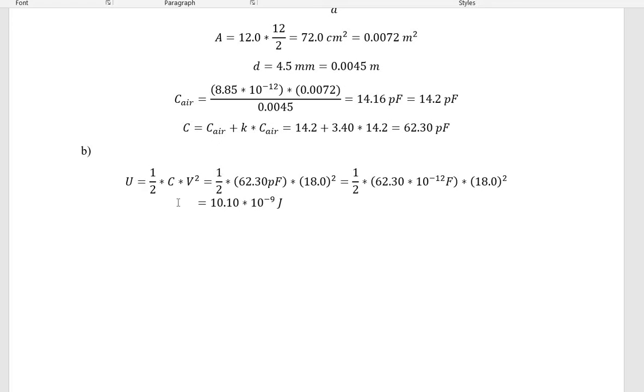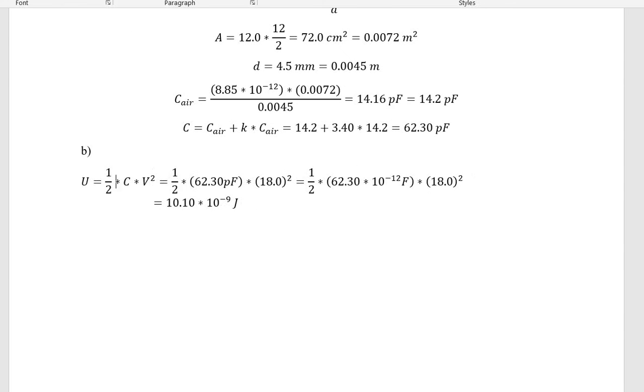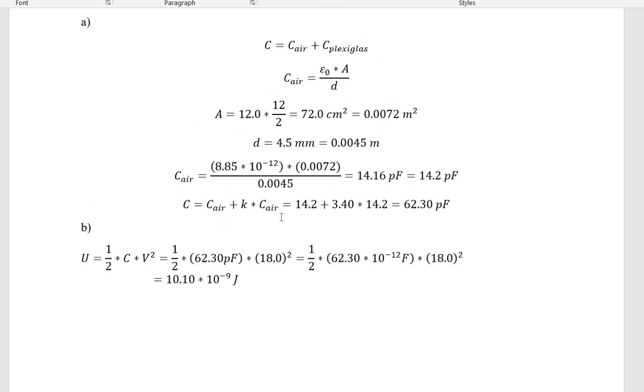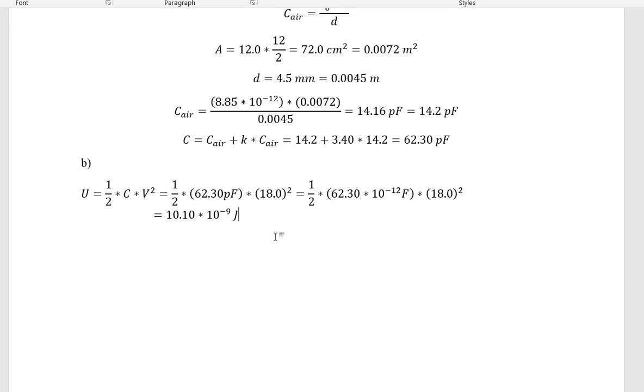So this is the answer for part B, which asks us for the energy of this given capacitor.